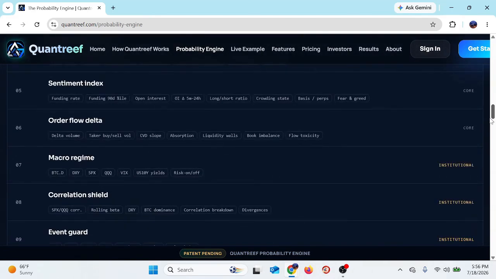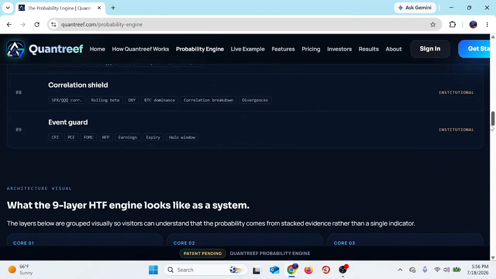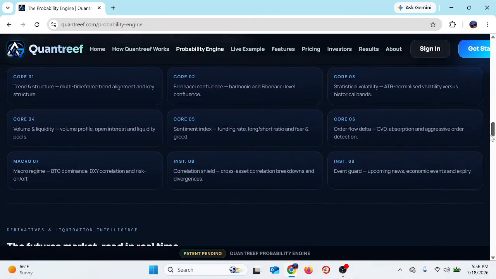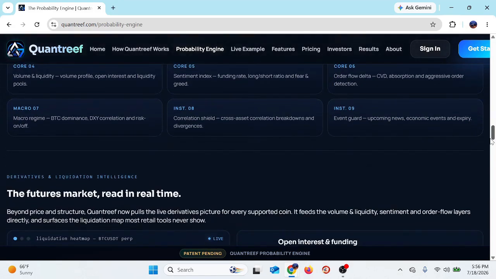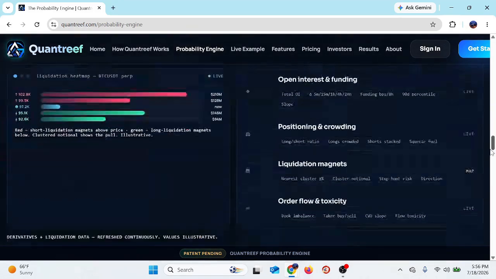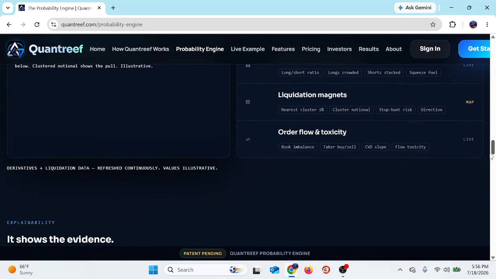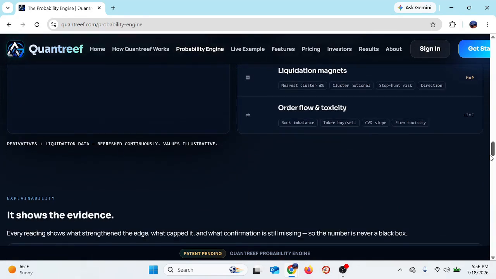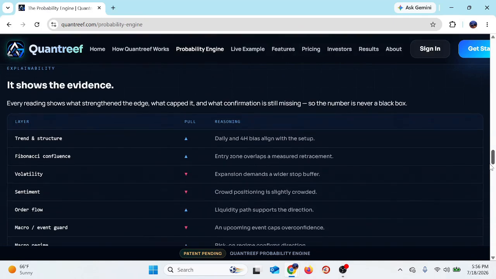And finally, does the potential reward justify the amount of risk we are taking? Every trade is evaluated with the same objective process. That means no emotional decisions, no impulsive trades, and more consistency.